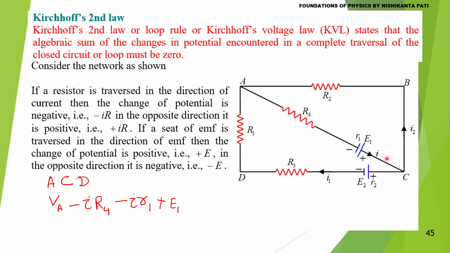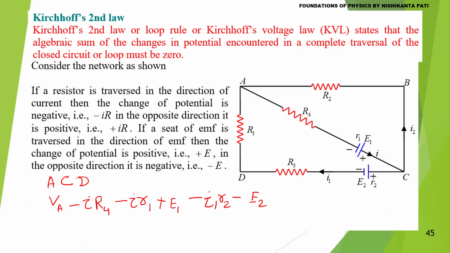Then we will cross this battery now. When you cross this battery, we cross the resistor, and also the EMF. And in this path the current flowing is I1. So when we are here now, our potential will be this much plus some change. What are the changes? Minus I1 R2, then minus E2.